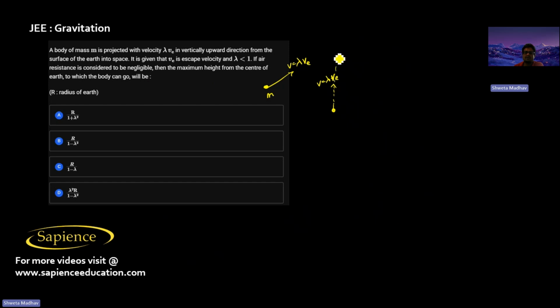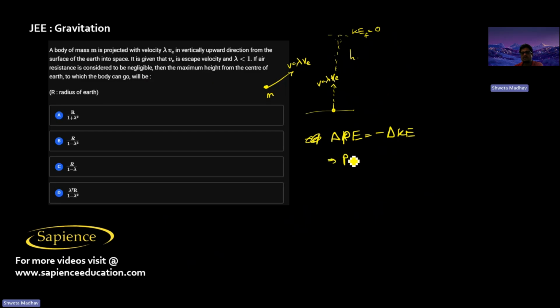So when it will go to the maximum height, its kinetic energy will become zero. So we can say that the gain in potential energy will be the loss in kinetic energy.